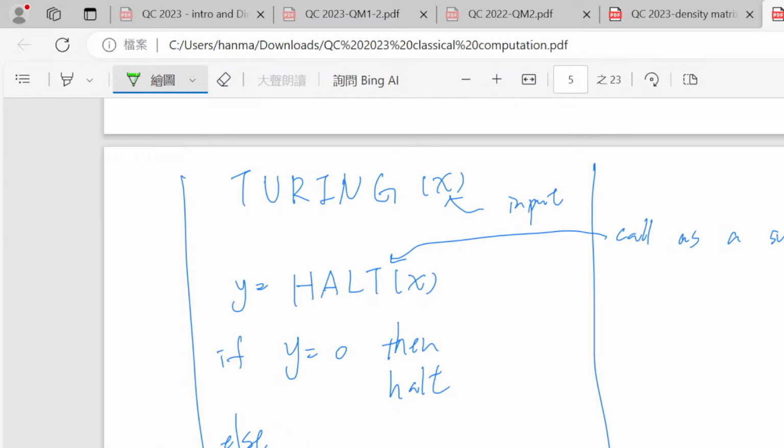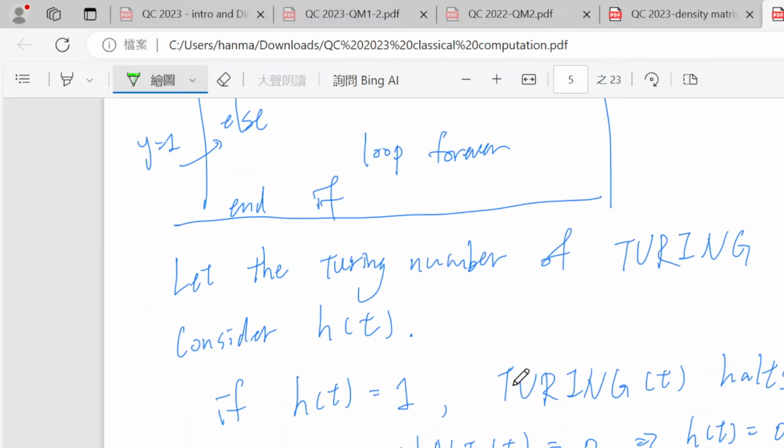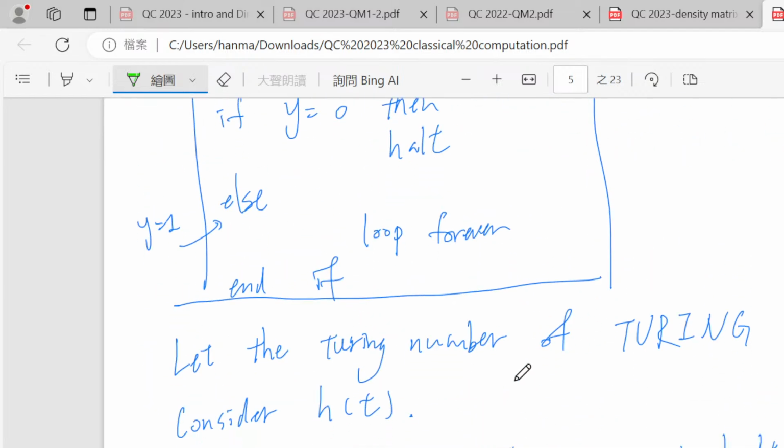So if y equals 1, you will loop forever. So you see it has two different states, either halt or loop forever.